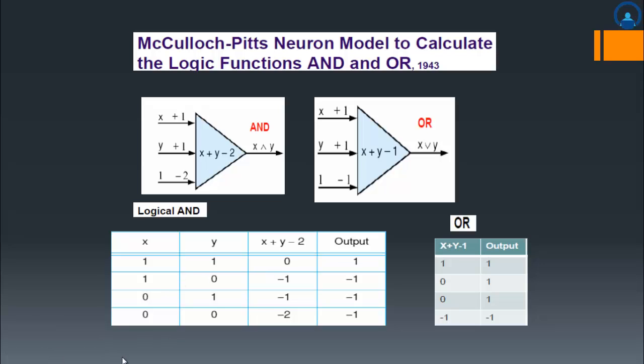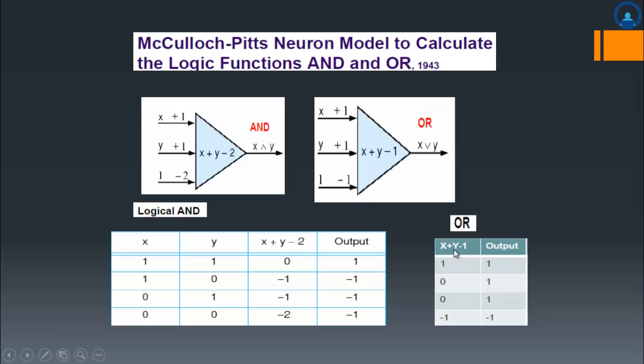Now look at the OR gate. Similarly, for the OR symbol, X, Y are the data inputs and 1 is the bias. +1, +1 are the weights for X and Y, and -1 is the weight for the bias value. The function value is calculated as X plus Y minus 1, because these are the weights to be multiplied with X and Y. This is nothing but the OR value.